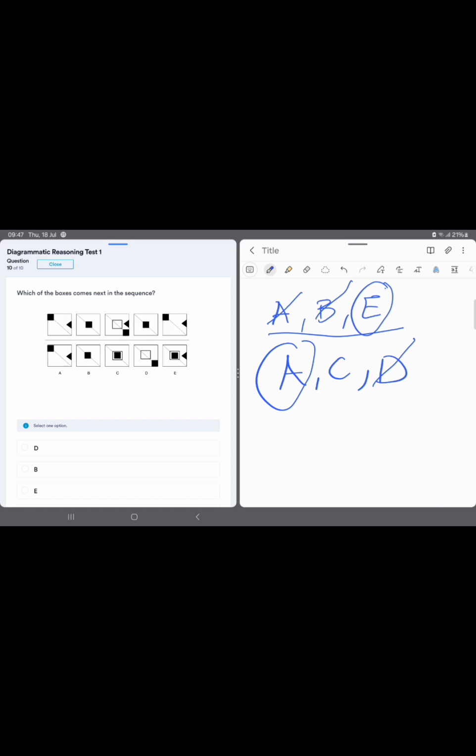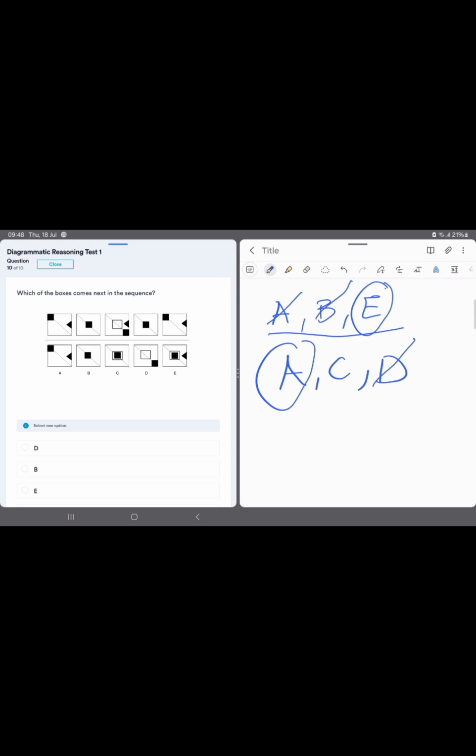Okay, and then with the last question, we can see in the first diagram we have 3 shapes inside, which is the line, the triangle and the square. If we look at the line, it does not change form, so that is fine. We don't have to follow its pattern. Then we can move on to the triangle.